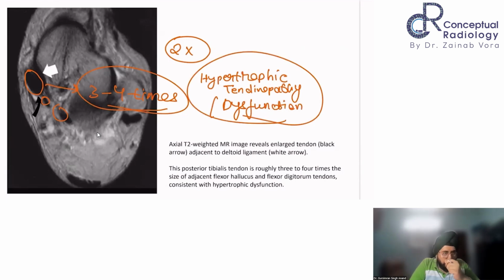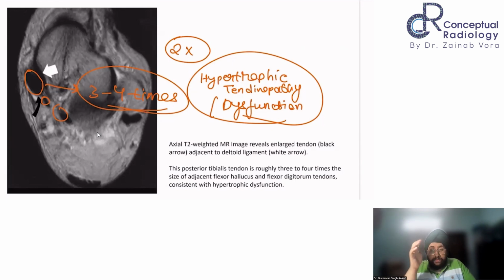Hypertrophic, thickened. What is mucoid degeneration? If I say it has a speckled appearance, then I take mucoid degeneration. I give mucoid degeneration whenever there is a multifocal speckled appearance. When I'm not able to differentiate whether it's a tear, a possible interstitial tear, or a possible mucoid degeneration, I can give both of these as well.